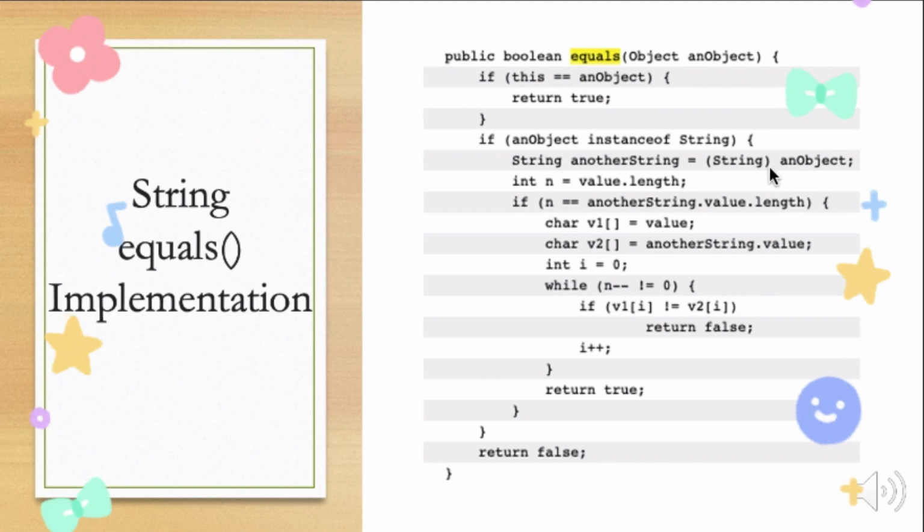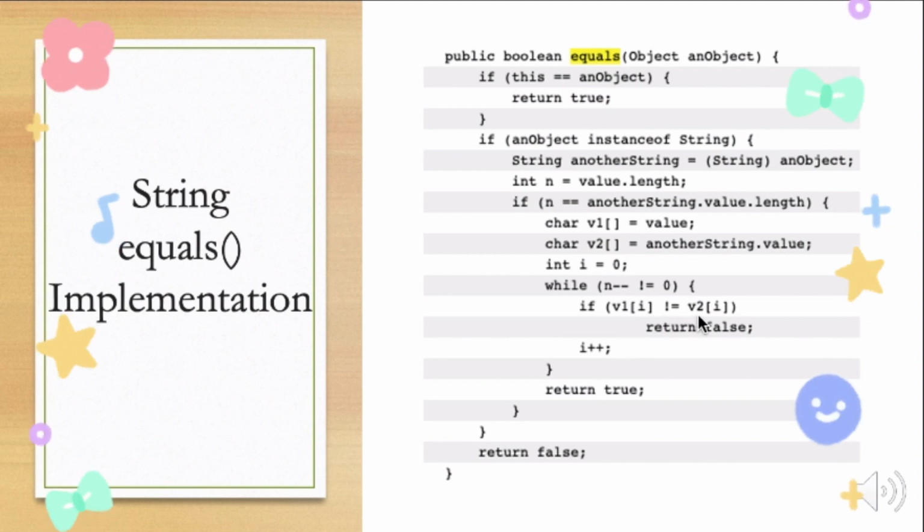If it is a string, then it converts the given object and the current string object to char arrays here, and then loops through the whole character arrays and checks whether the character at each position of both values is the same.